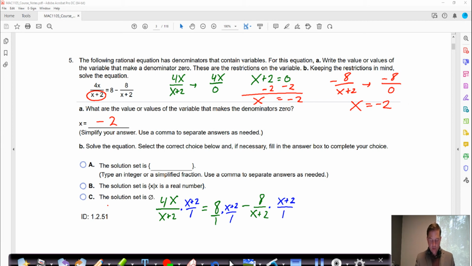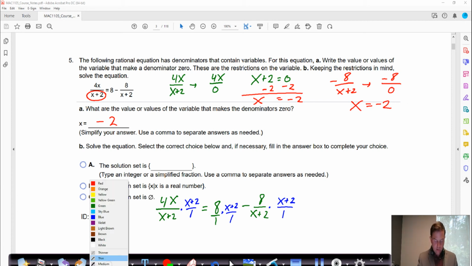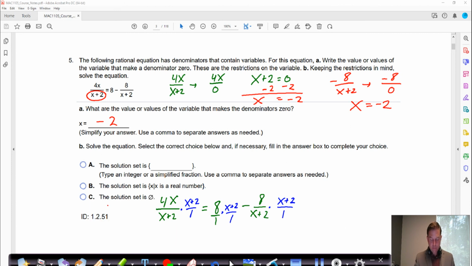Okay, now I'm not going to multiply straight across. That is the rule, to multiply straight across, but I am going to introduce a shortcut here just to make it so this problem isn't a lot nastier than it needs to be. If I have an x plus 2 on the bottom and an x plus 2 on the top, instead of multiplying, I'm going to immediately cancel those. And they become 1s. This x plus 2 and this x plus 2 I'm also going to cancel and make them 1s.